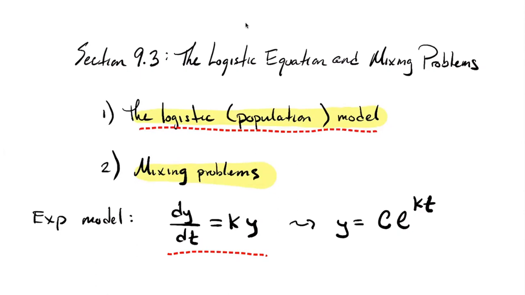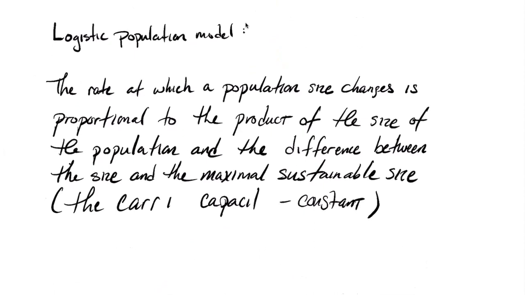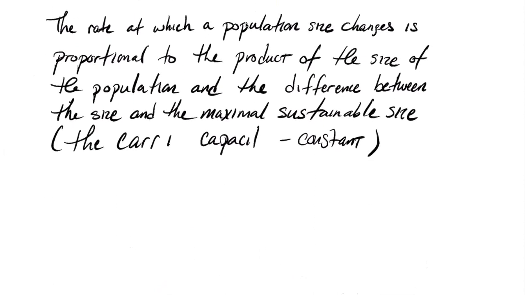So having said that, let's take a look at it. Here I have stated the logistic population model. I'm going to scroll that title off the screen. You can read it if you can read my messy handwriting, but it's saying that the rate at which a population changes, so that's why it's a differential equation, is proportional to not just the size of the population, like the exponential model, but to the product of the size of the population and the difference between that size and some maximal sustainable size.